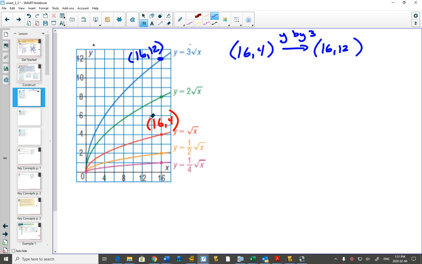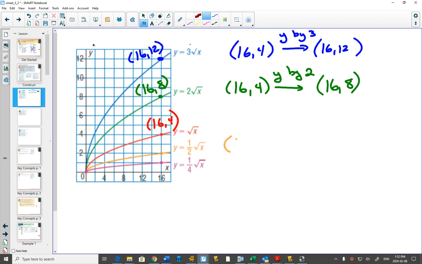What about our green graph? What happens to 16 comma 4 on our green graph? Well, now we have a 2 in front, so we'll show our work above the arrow saying what's going to happen. Our y value is going to get multiplied by 2, and we get 16 comma 8. Sure enough, that's the point they have labeled as well. Orange graph, 16 comma 4.